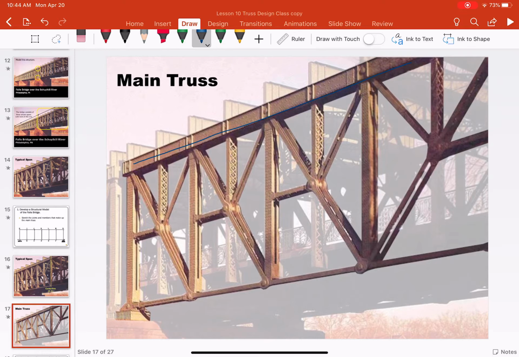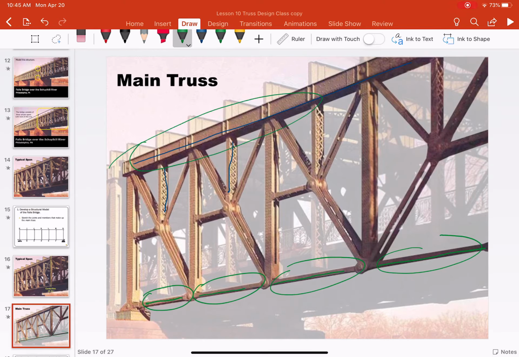That member is in compression. This member in compression tends to be bigger in size compared to this member, which tends to be in tension and is only designed for yielding, and you can see it's a smaller size compared to the top chord here.